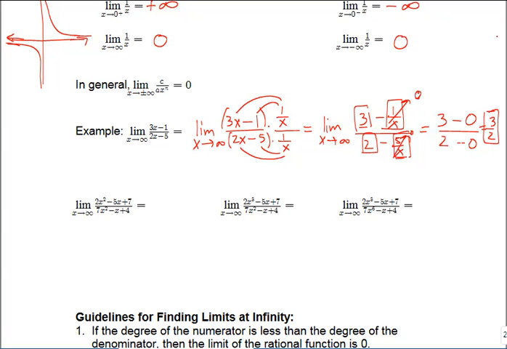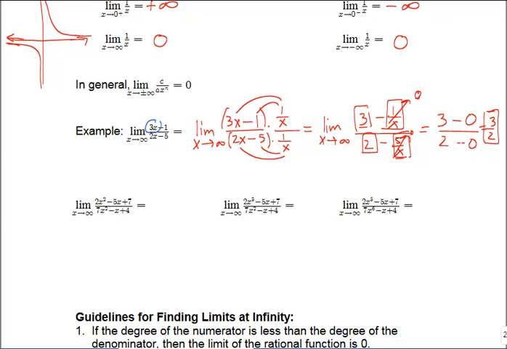Now the shortcut to this is to notice that what dominates in our numerator and our denominator is going to be the term that's the most important term as x gets really, really big. And that should make sense, because if you're taking 3x minus 1 and plugging in a very, very large number, then obviously 3 times that really large number is going to be much bigger than minus 1.